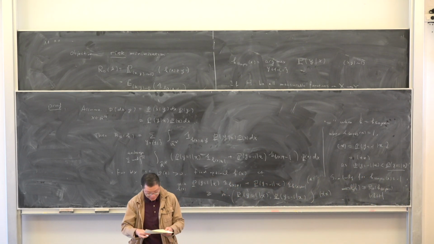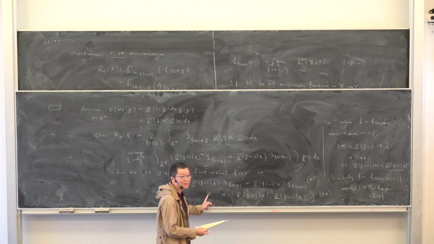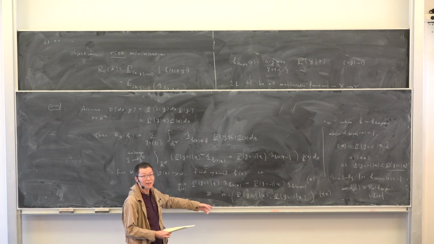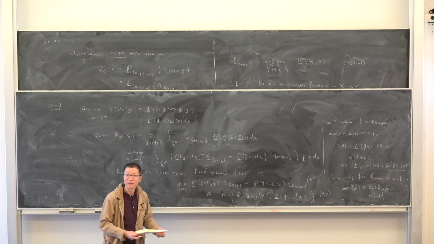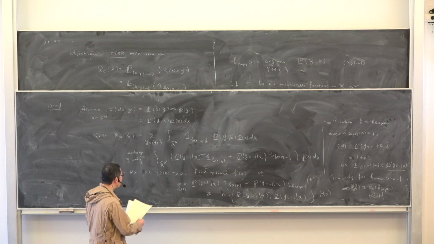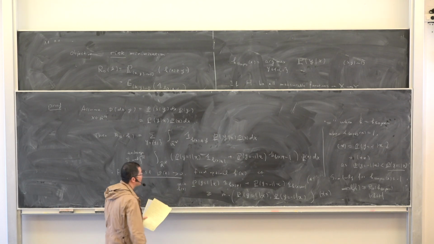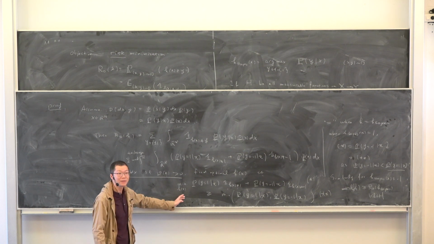That means for any x, you have this equality when h equals h base, among all those x which are on the support of the px, and you have the optimality.